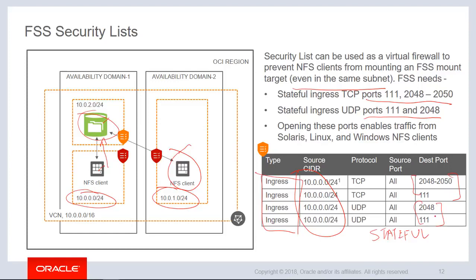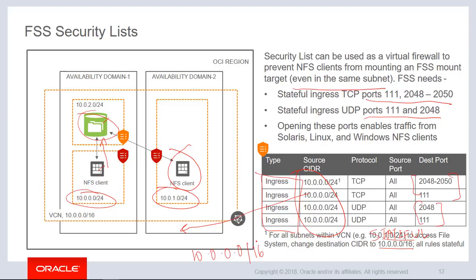I would have to do the same thing for this particular IP address or IP address range. If I don't want to do that, I could just change all this to the whole CIDR block, 10.0.0.0/16, and now in that case my NFS client 2 and NFS client 1 would be able to access the mount target. But just keep in mind you have to open these ports, otherwise your clients cannot mount these mount targets, cannot use the shared file system.